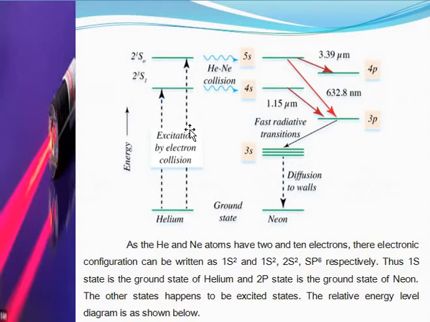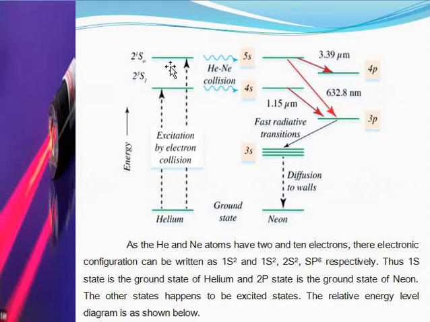When discharge starts in the tube, the electrons are accelerated and collide with the 1s state, that is the ground state of helium atoms. After collision, the helium atoms get excited to the 2s state, which is the metastable state of the helium atom.